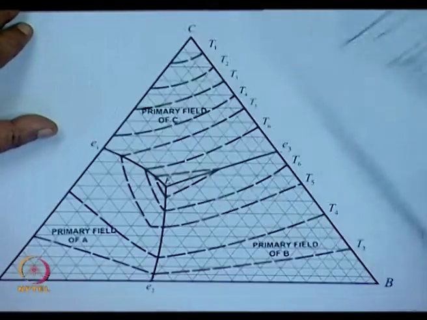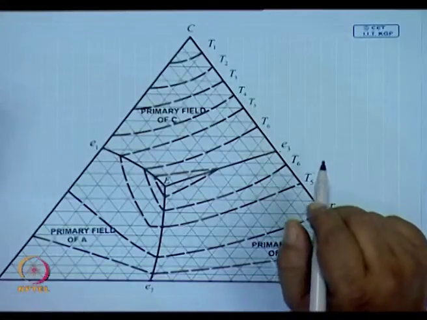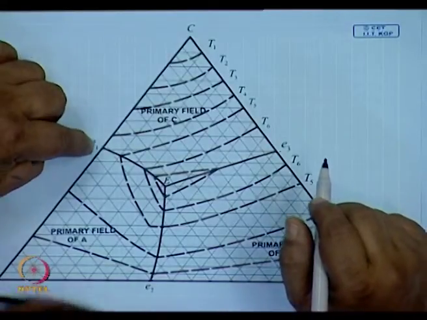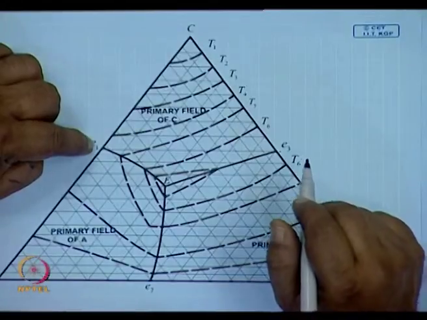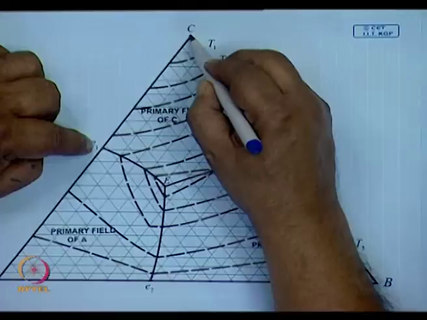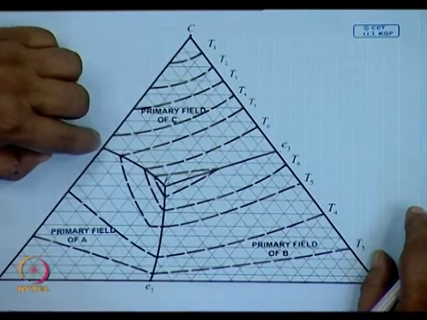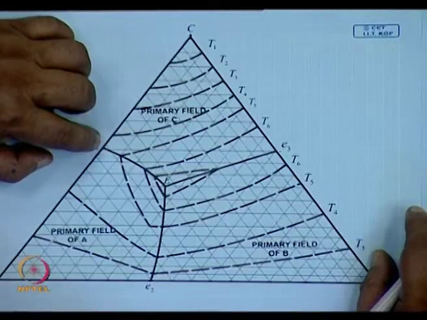First of all, if I come back to this diagram, you have to appreciate one thing. E1 is at a temperature which is lower than the melting point of A and lower than the melting point of C. So, E1 is the eutectic point of the system AC.